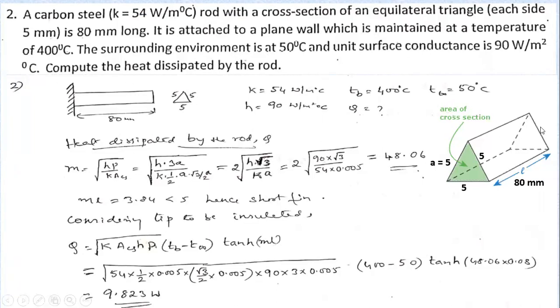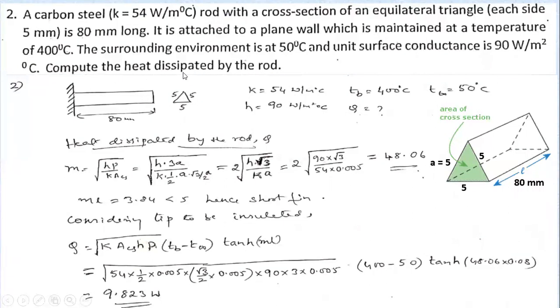That means T infinity is 50 degrees centigrade, and unit surface conductance is 90 watt per meter square degree centigrade. So when you see this unit, watt per meter square degree centigrade, it is the unit of h. So we are considering h as 90 watt per meter square degree centigrade.